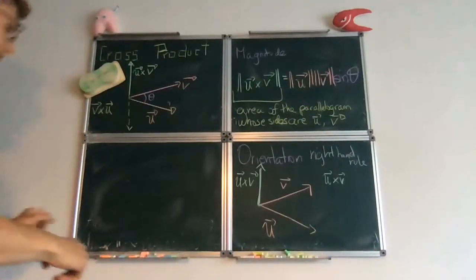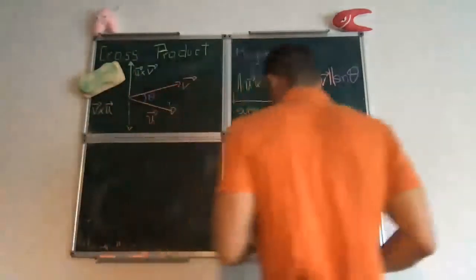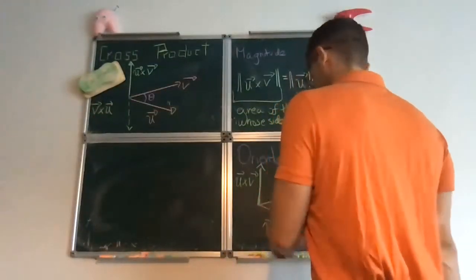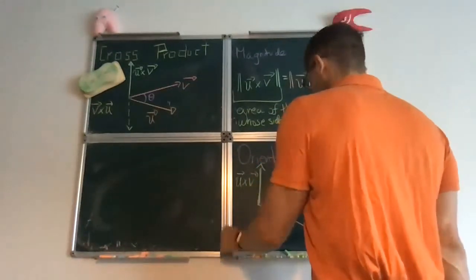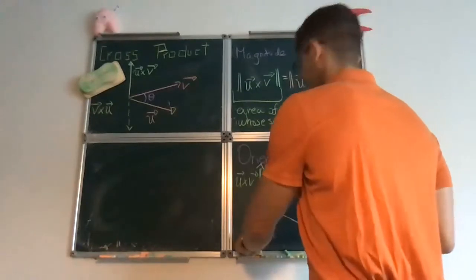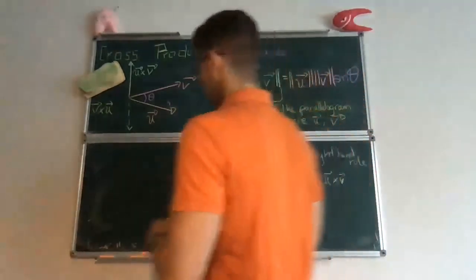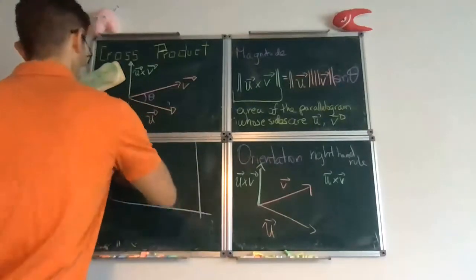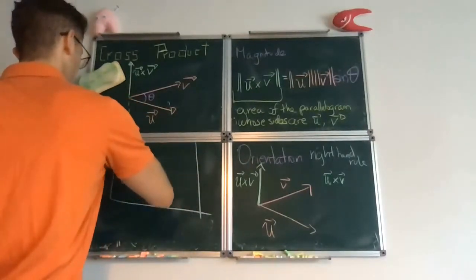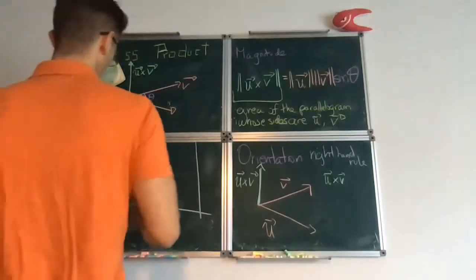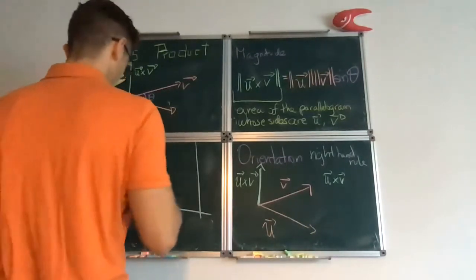And so that tells you the maybe most counterintuitive property of the cross product the first time you face it, which is that u cross v is not the same as v cross u, but rather they're the opposite of each other.